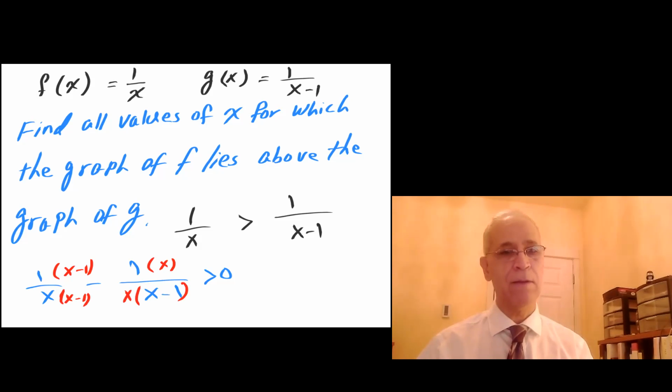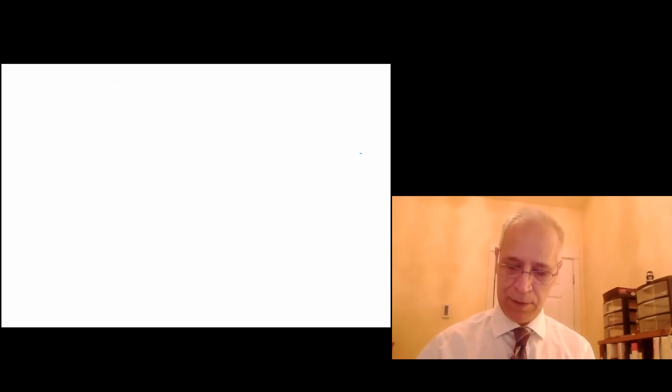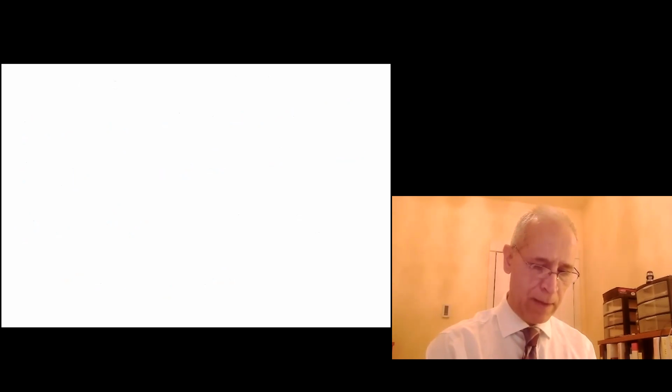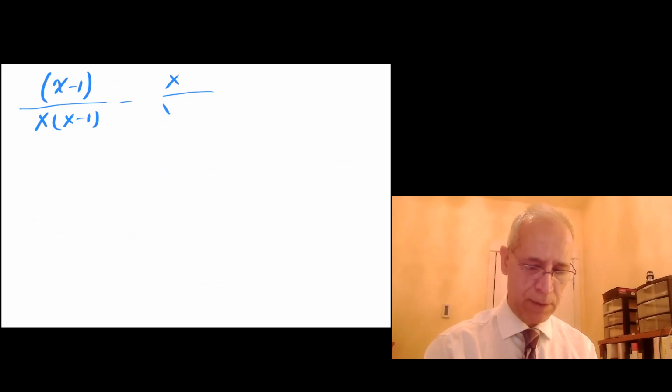Okay, let's go to the next page and continue. Now I'm going to have x minus 1 over x times x minus 1, minus x over x times x minus 1, and we had that greater than 0.